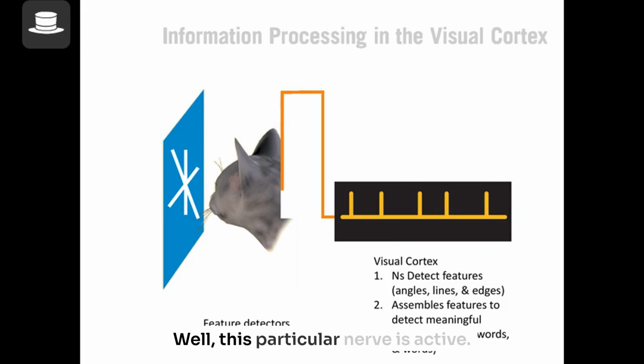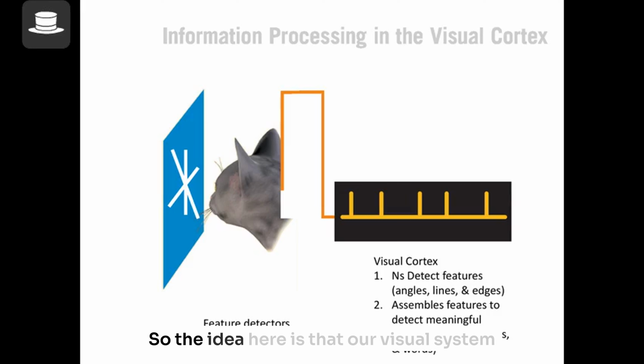They made the cat look at some images, and they found that there were very specific cells in the visual cortex in the occipital lobe of the cat that only fired when they saw horizontal lines. Other cells only fired when there were vertical lines, and some neurons only fired when the image was of angles.